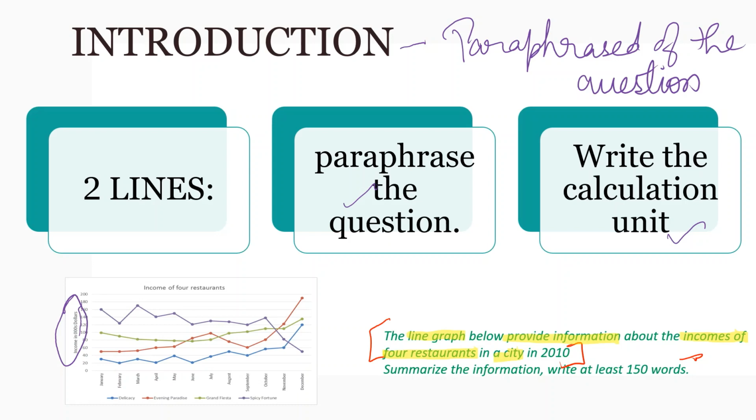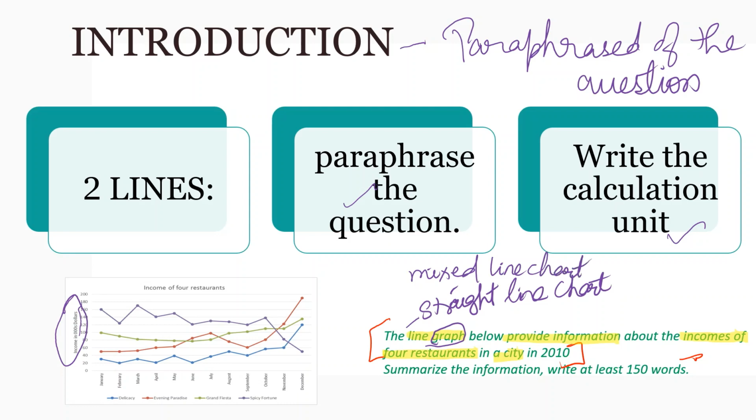Now what can be the synonyms for a line graph? We can say straight line graph. We have to give graph, so we can write chart. If it was given chart, we can write graph. And straight line or mixed line chart.